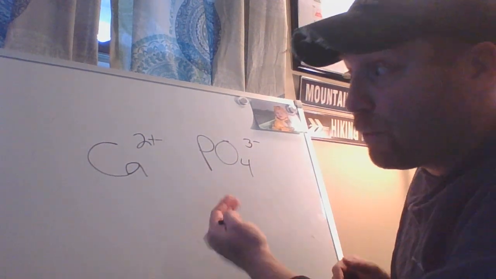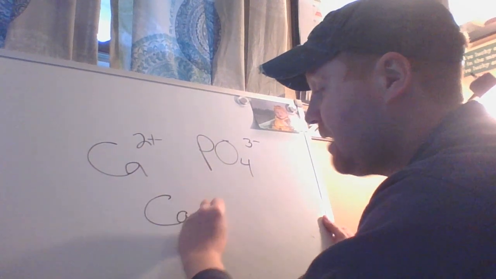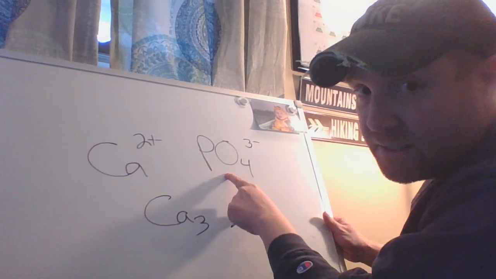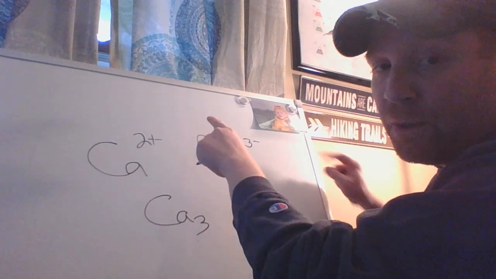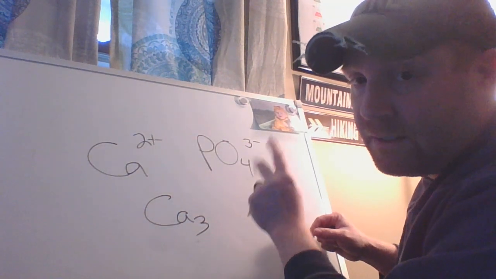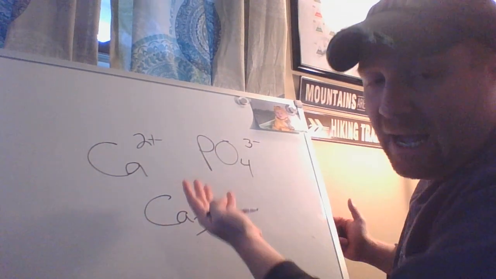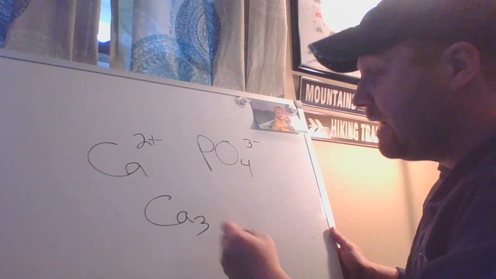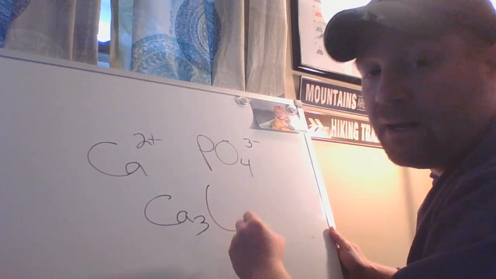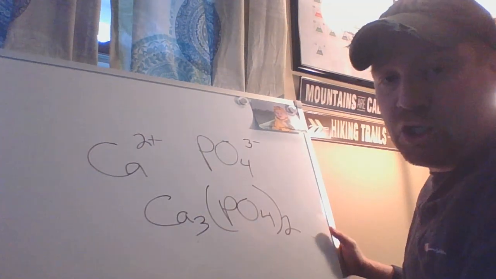The answer is 3. So I'm going to write it as Ca subscript 3, but because this is a polyatomic ion, I need to put the whole thing in parentheses because I need more than one of them. I need 2. I need this to be a total of 6 minus. Calcium phosphate, your bone, is written Ca3(PO4)2.